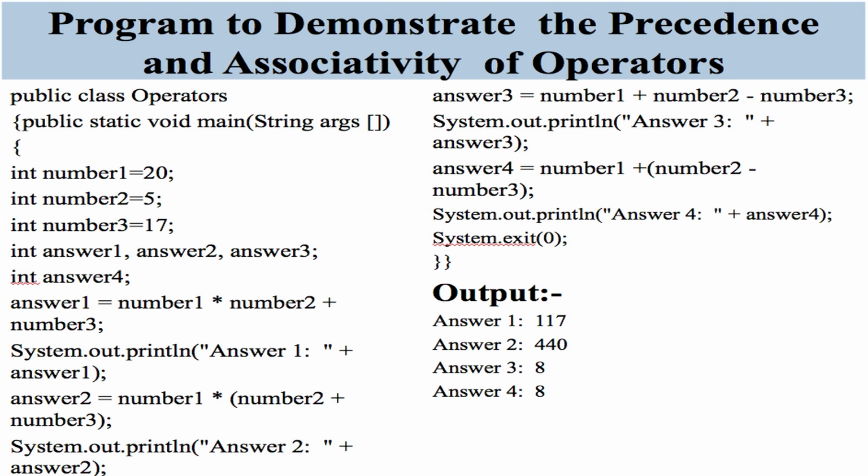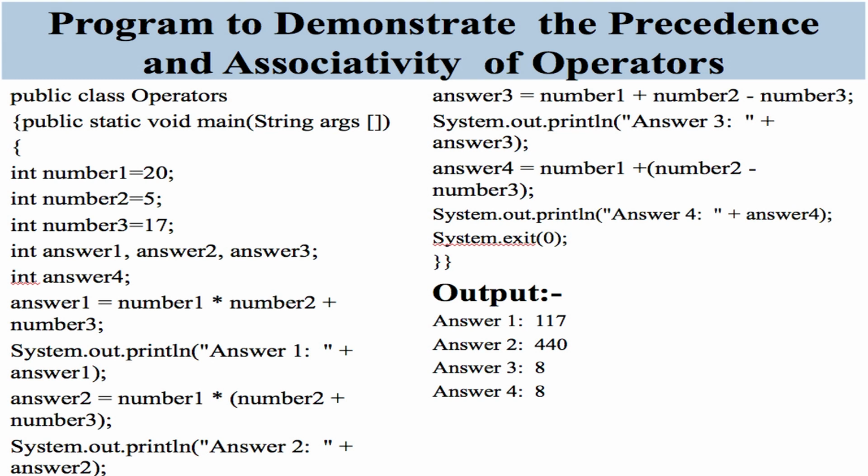So number 1 is multiplied with number 2 first, then it will be added to number 3, because the priority of multiplication is higher than addition. See the other line, System.out.println of answer 1, it will be displayed because we have calculated answer 1.